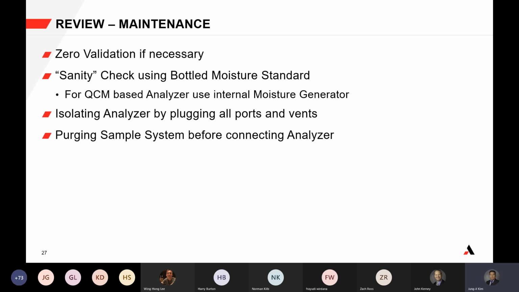After you remove it, reverse the flow and purge it, cycle purge it, to try to remove whatever might be blocking or partially blocking the capillary, and install it back. If it continues, I think the best would be to replace the set of capillaries. I hope that answers the question.